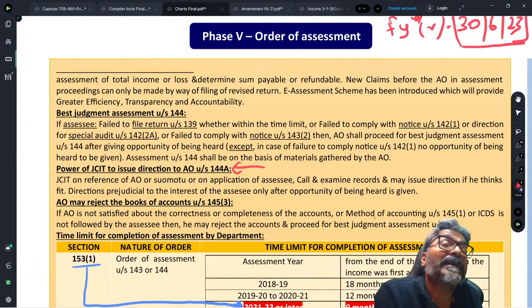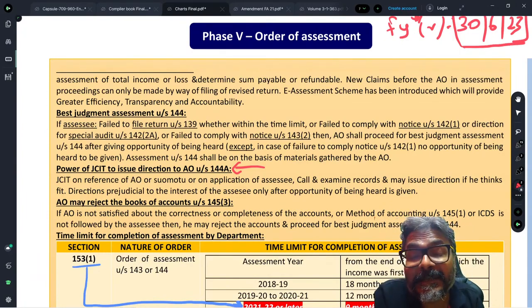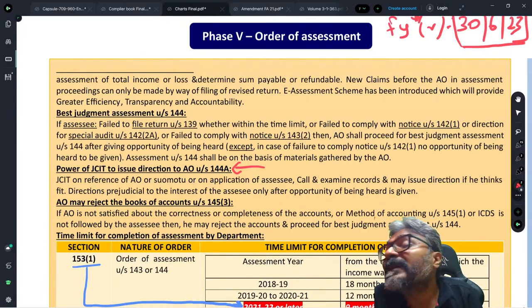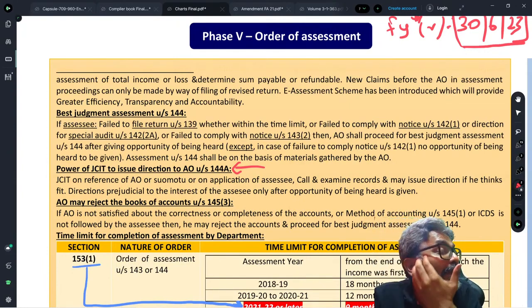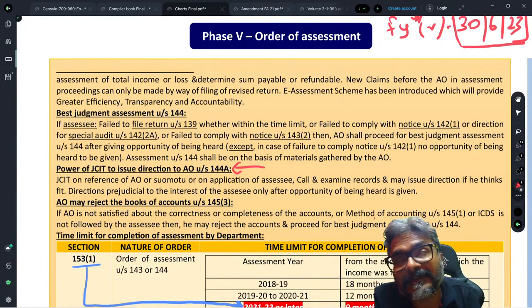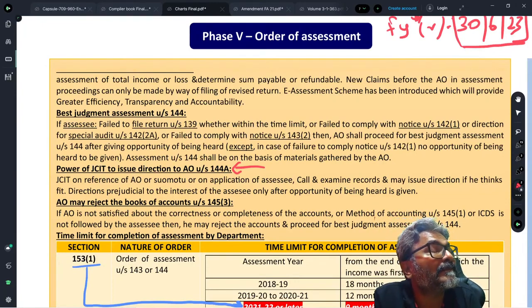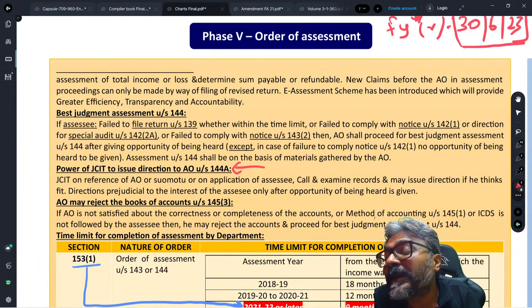Second, students, even the assessee can make an application to the JCIT and request the JCIT to intervene in his assessment and give direction to the AO so that the AO can do a meaningful exercise.